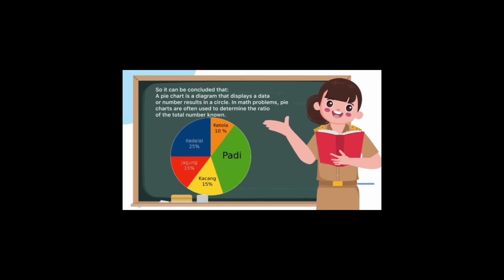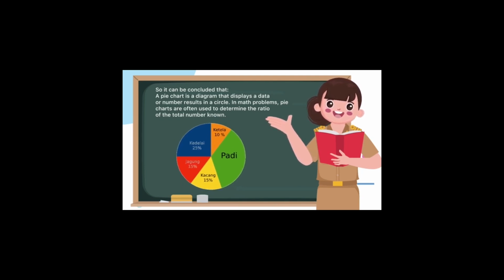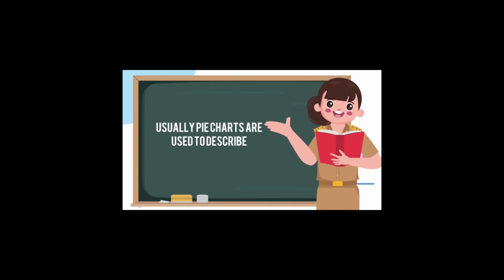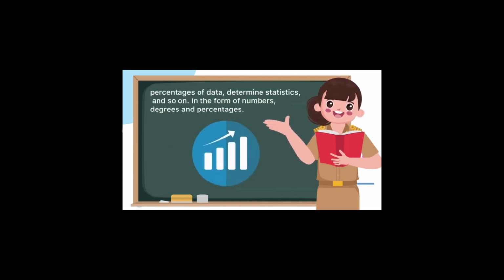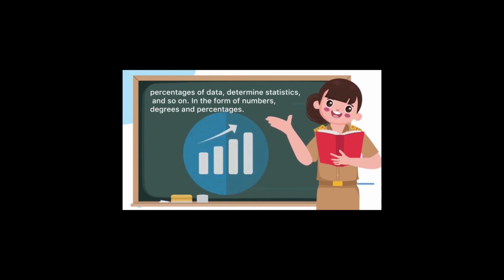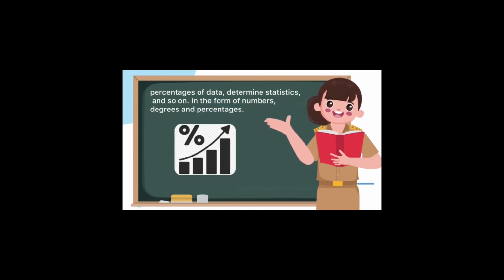So it can be concluded that a pie chart is a diagram that displays data or number results in a circle. In math problems, pie charts are often used to determine the ratio of the total number known. Usually, pie charts are used to describe percentage of data, determine statistics, and so on, in the form of number, degrees, and percentage.